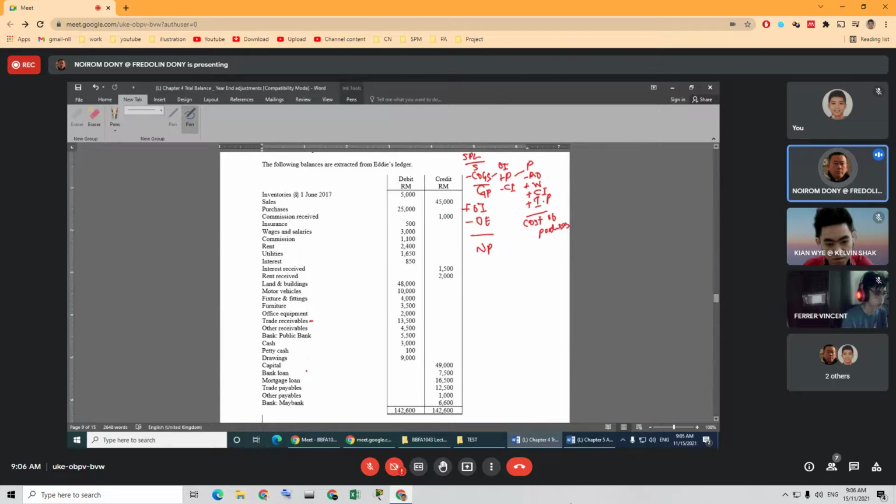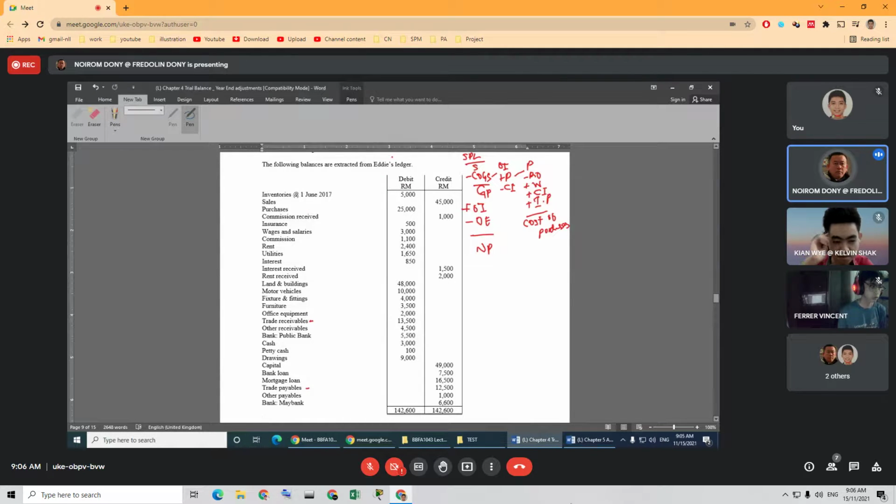And trade payable is also from the trade payable control account. Trade receivable is controlling the sales ledger, and trade payable is controlling the purchases ledger. So everything is inside this total amount. This list of accounts is from the general ledger because the general ledger has the complete accounts.